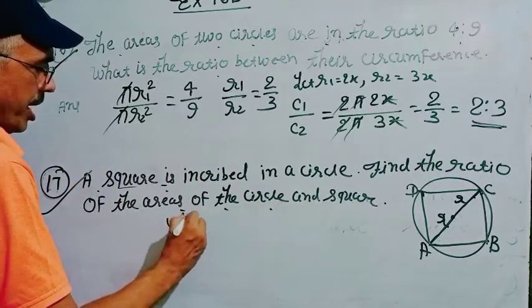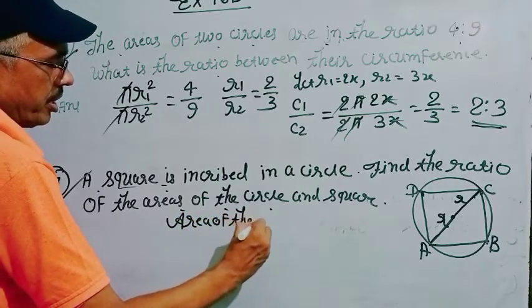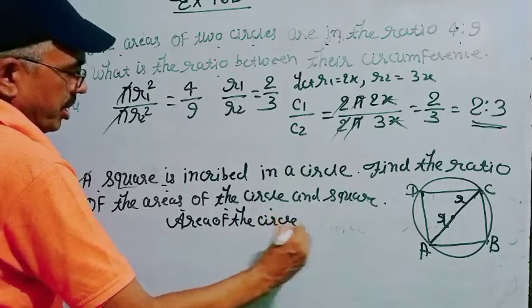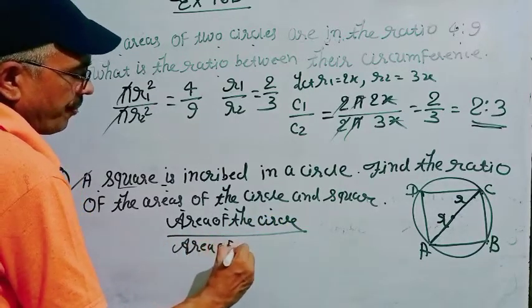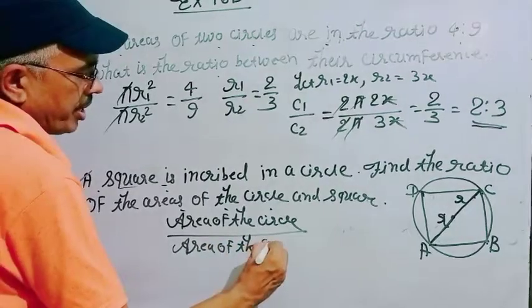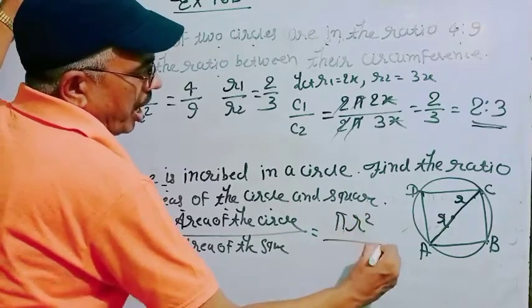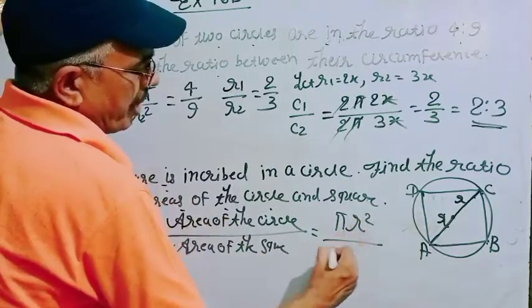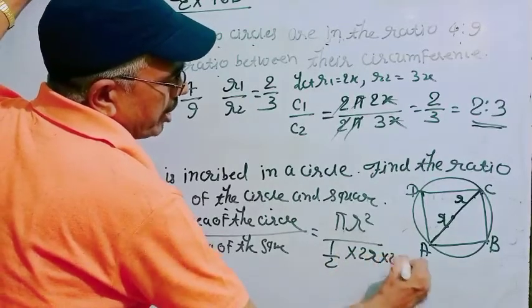So write area of the circle by area of the square. The area of the circle is pi r square, and the area of the square is 1 by 2 into diagonal square, and the diagonal is 2r and 2r.